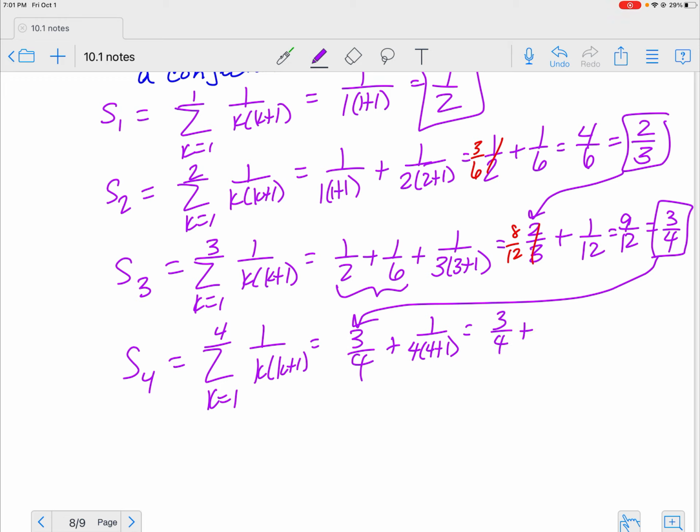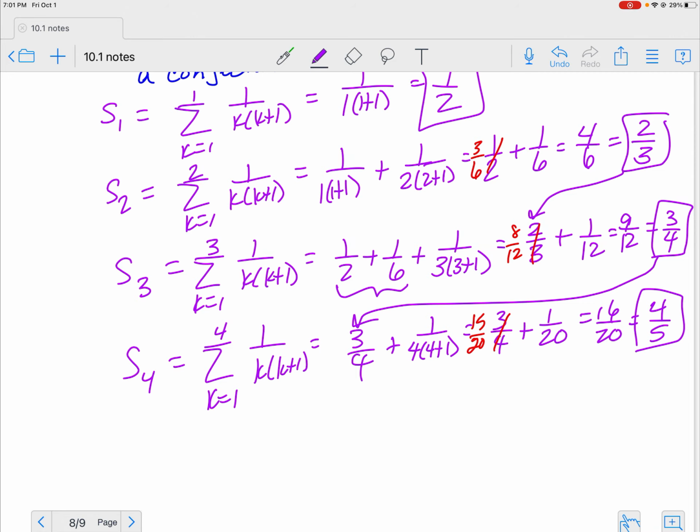So 3/4 plus, what is that? 4 plus 1 is 5 times 4 is 20. Again with that common denominator. Out of 20 times 5 would give me 15. So this is 16/20. When you reduce that, you get 4/5.